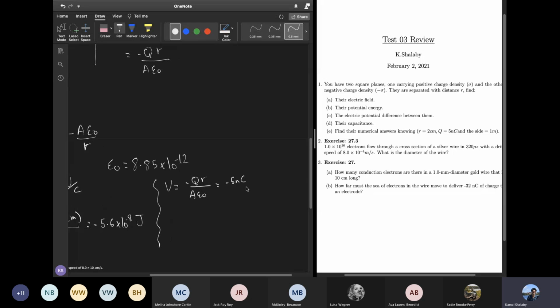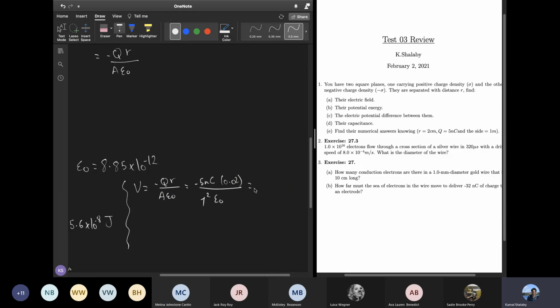Okay, for this one, be negative 5 nanocoulombs multiplied by R, where R is again 0.02, over 1 squared, then epsilon naught. That will equal, that's what we had before, 10 to the negative 11, 0.29.